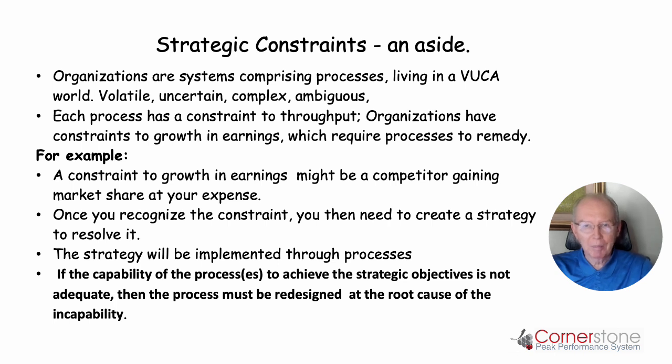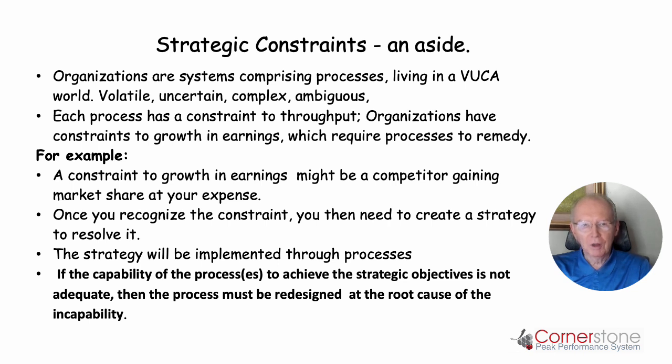Things are changing rapidly. Think of AI, think of climate change, think of the political changes. And we've said that each process has a constraint to throughput. Organizations have constraints in their systems, primarily to growth in earnings. And fixing that requires processes to remedy it.